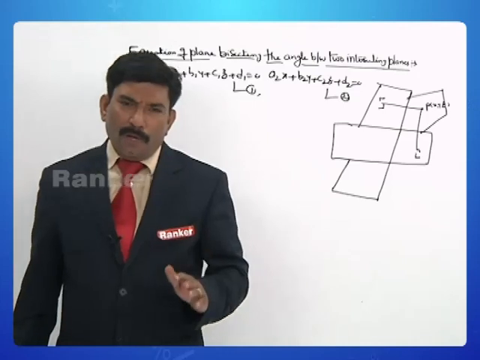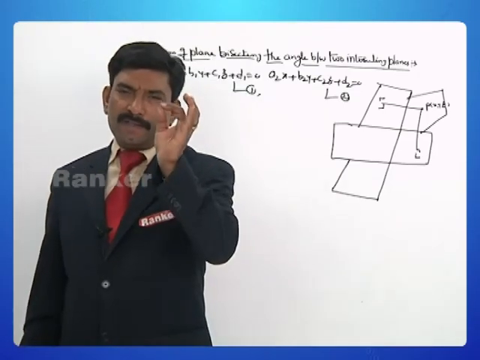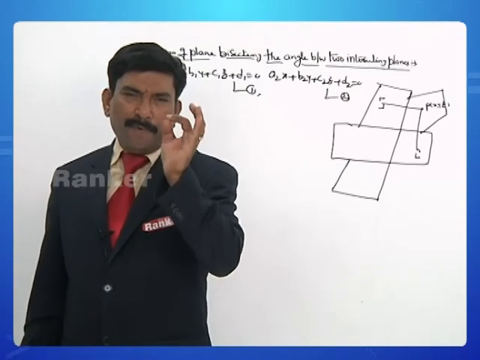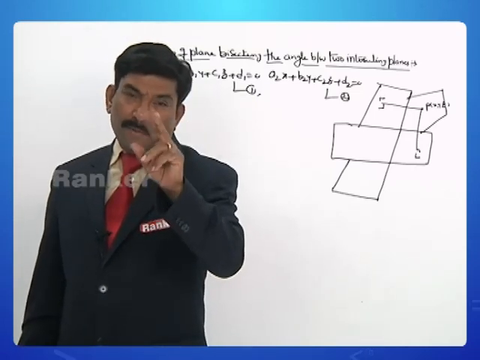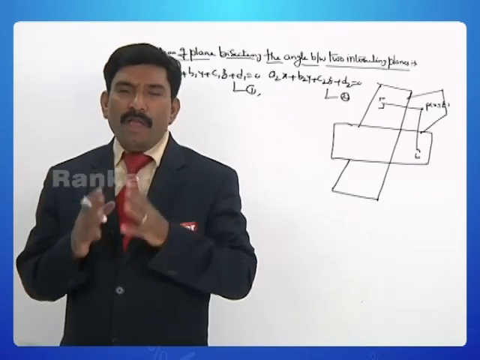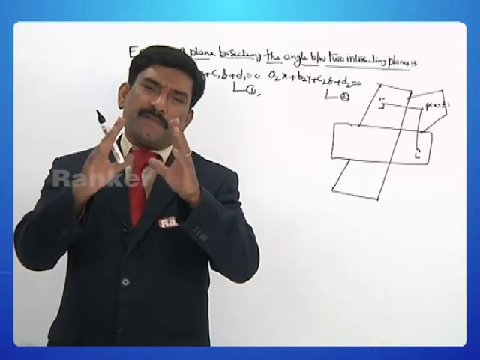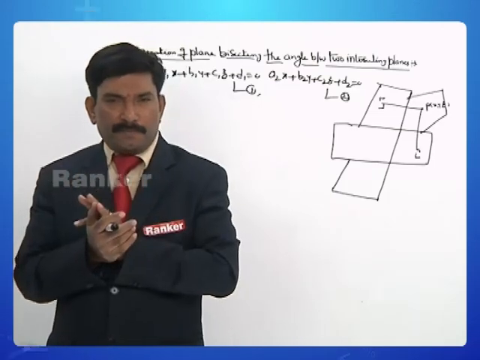So therefore, apply the perpendicular distance from the point P to both the planes, and they are equal. Why? Because P will be equidistant from both the planes.